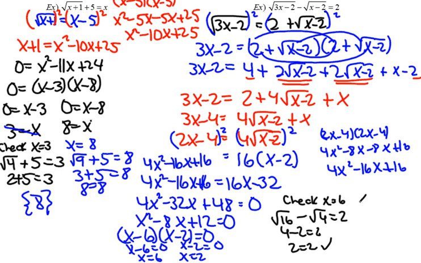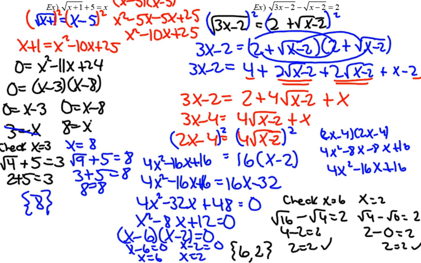Now we need to check 2. So 3 times 2 is 6 minus 2, that's 4. 2 minus 2 is 0. Both are solutions, so I can write. It is very important, though, to check your solutions to make sure that they work.